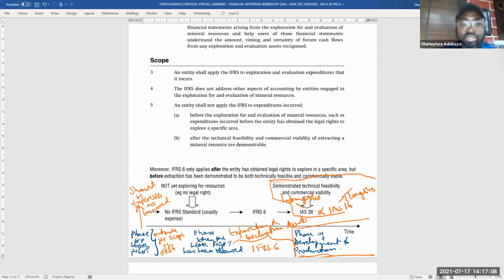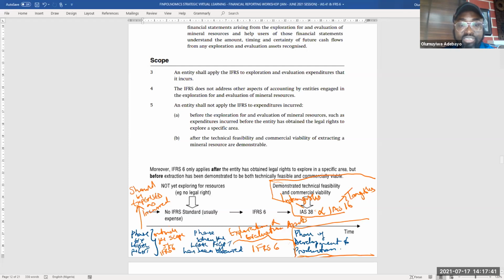The second one is the exploration cost, which is where you do things like geophysics, surveys, seismic surveys, etc., which is to more or less have idea of whether it is feasible, at least.